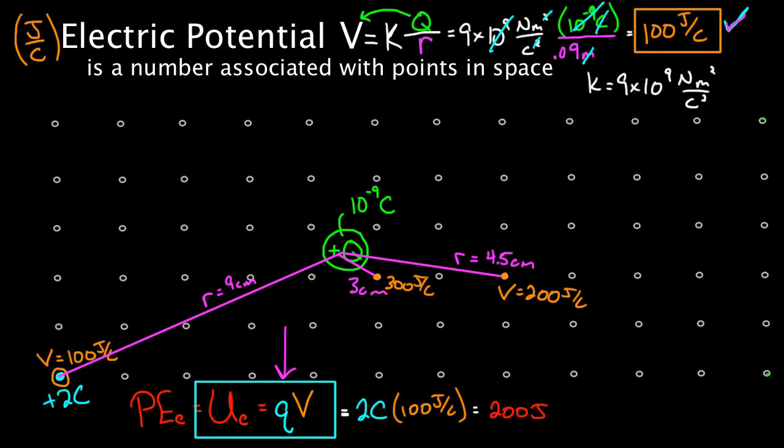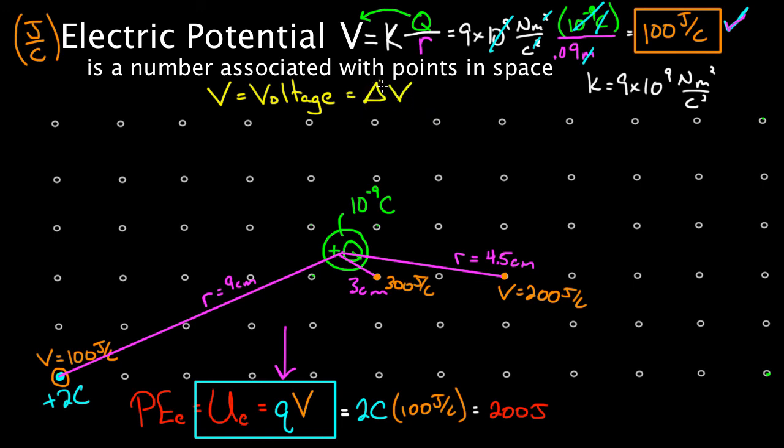You've got to be careful though. Sometimes people get sloppy, and we use V for electric potential and we use V for voltage. What's the difference? Are they the same? Not quite. Sometimes you can treat them as the same and you don't get into trouble, but sometimes it messes you up. Voltage is technically a change in electric potential between 2 points.